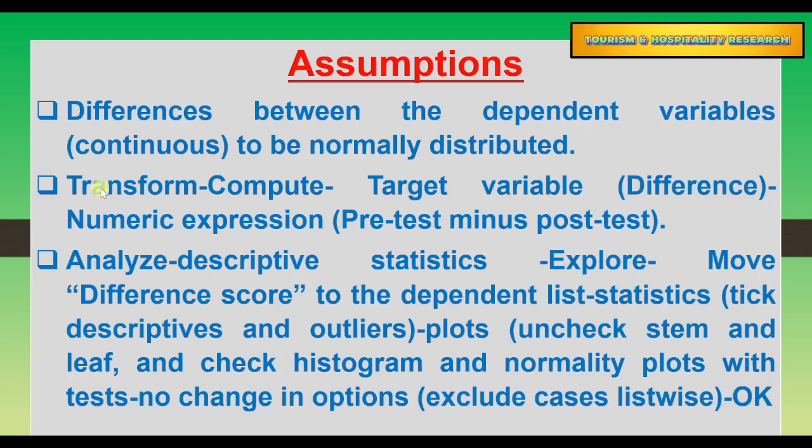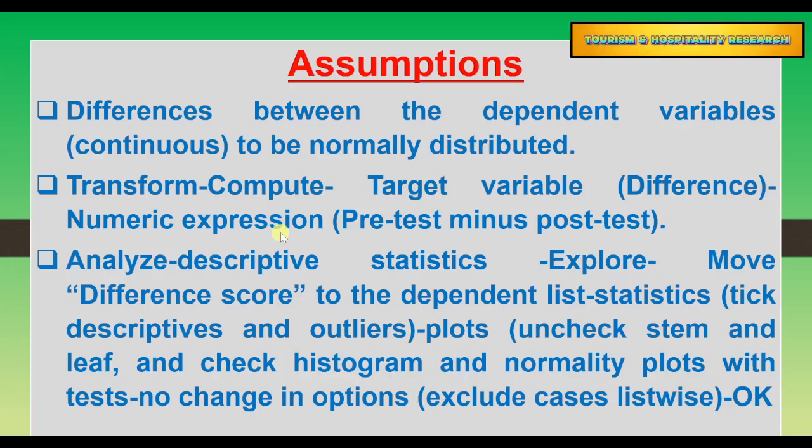How do we ascertain the differences between the dependent variables? We first need to take out the differences as a variable in our data sheet. For that purpose, we go to transform, compute, target variable. We name it difference and then we give the numeric expression as pre-test minus post-test scores.